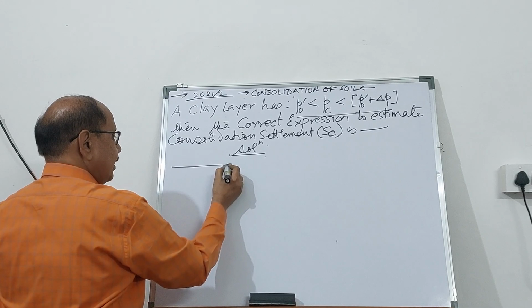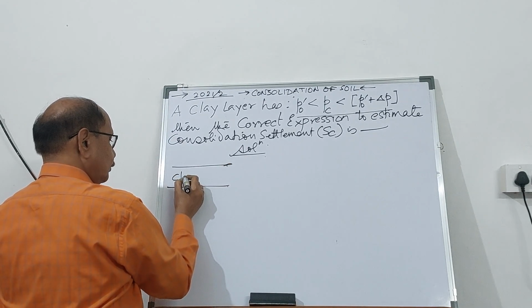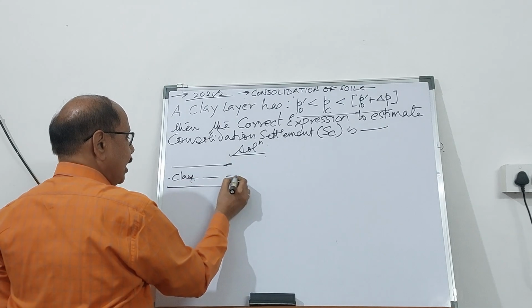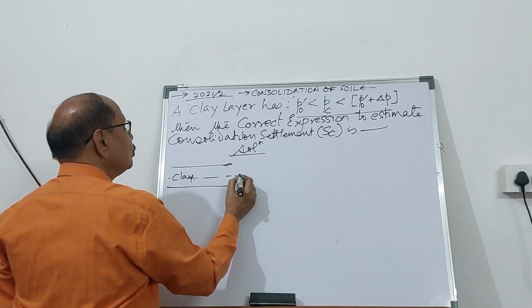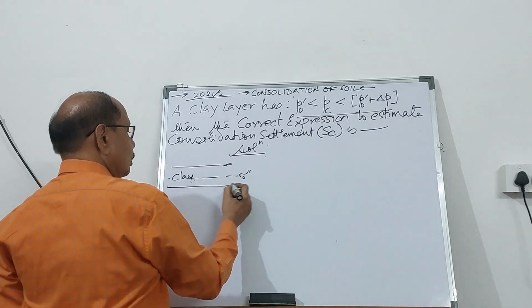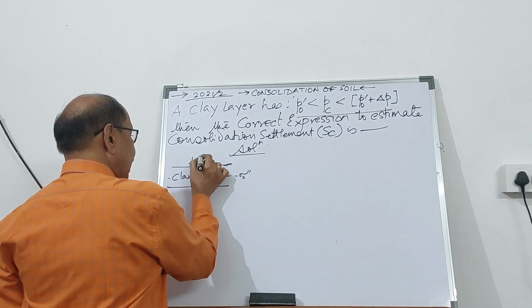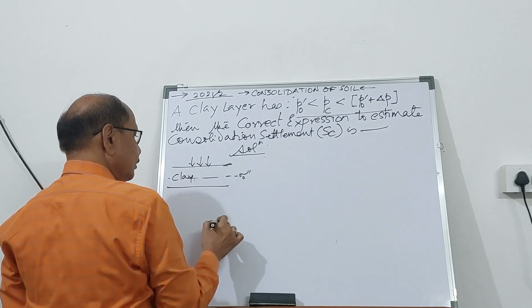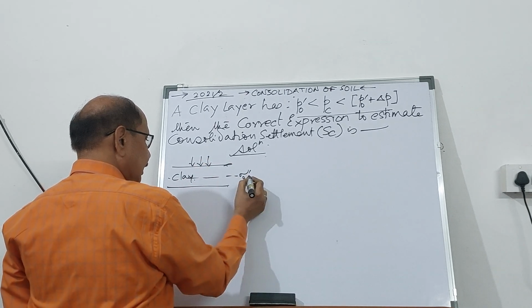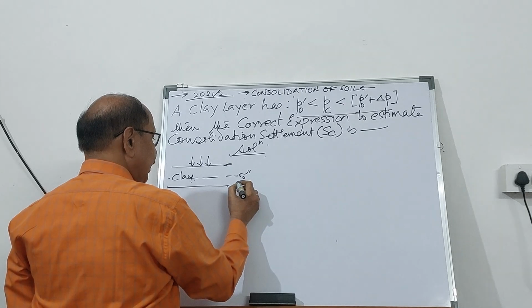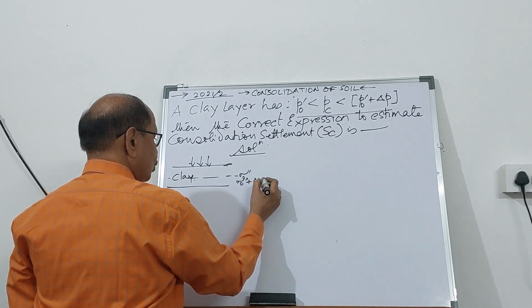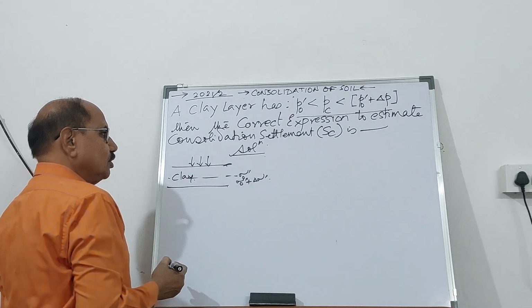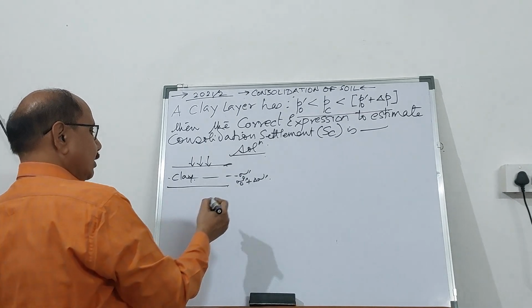So you have a clay layer, and at the midpoint of the clay layer, the total overburden pressure is known to you, and due to application of the loading, the increase in pressure is going to be delta P. So total pressure becomes this one.